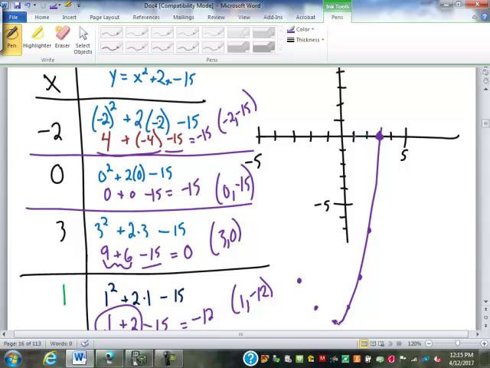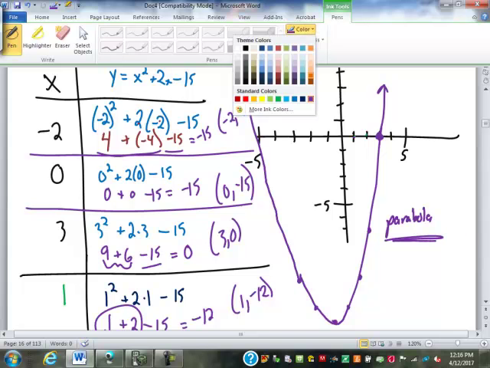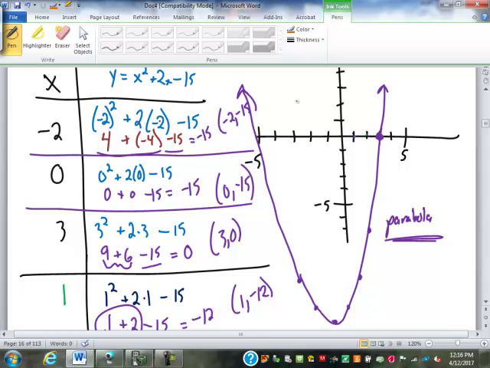So yes, it does appear that this is going to curve. And I could take more points on the left here, but to be honest, I'm getting a little tired of this problem. So there we go. This is what's called a parabola. And it has the exact same properties as the line, other than not being straight.